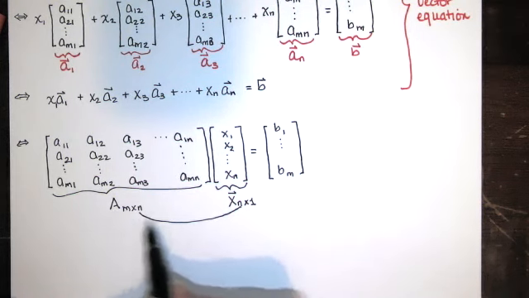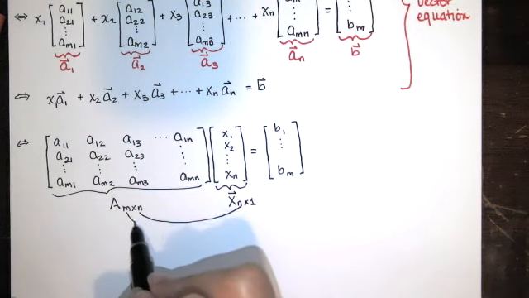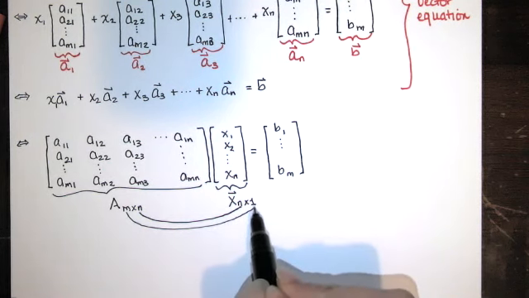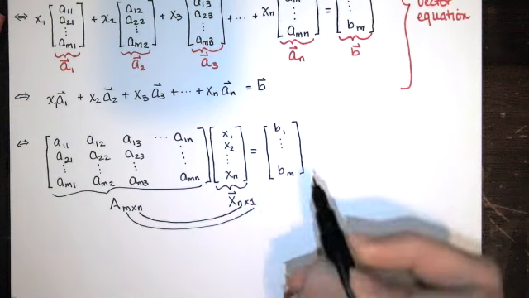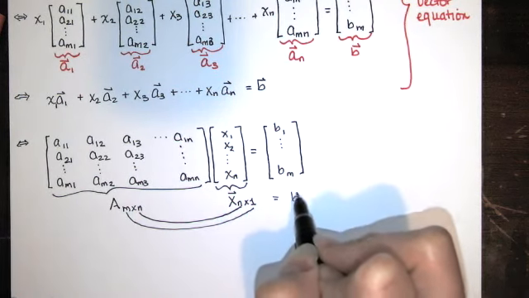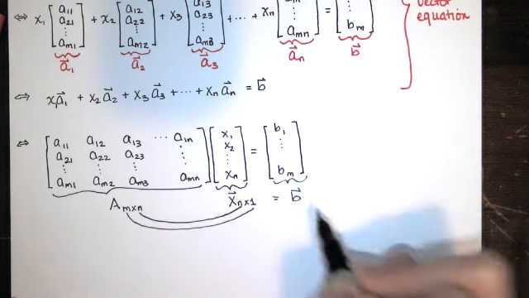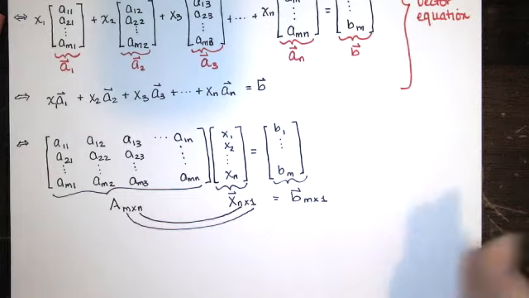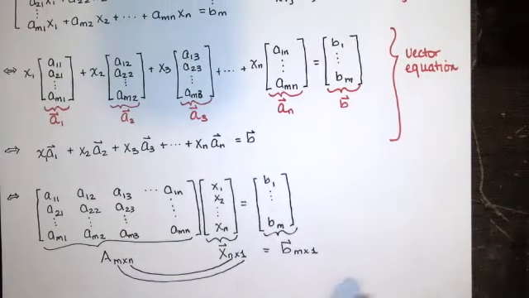And the resulting matrix has size given by this number crossed with that number. So this is A times the vector x equals the vector b. And the vector b is an m by 1 column vector. Okay, so this is called a matrix equation.